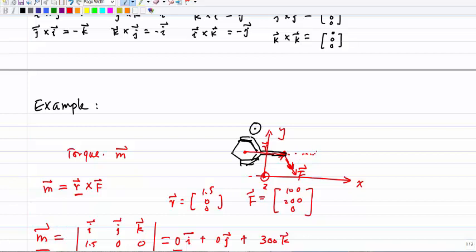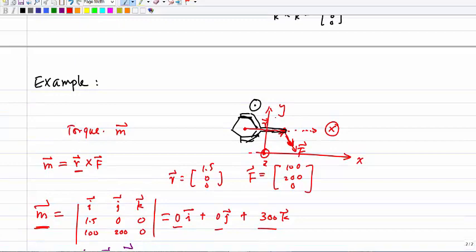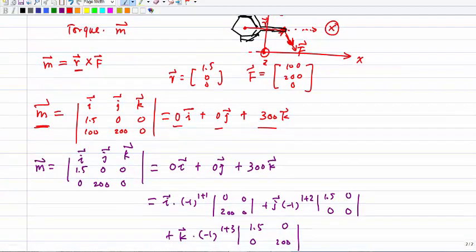So it's coming inside, the direction coming in. This is the torque. If you change the direction of the force, it will change to the outside. All right, so that's all for the cross product.